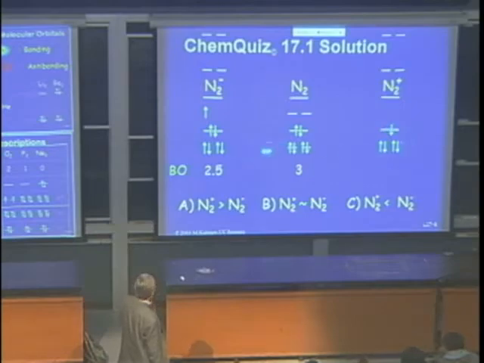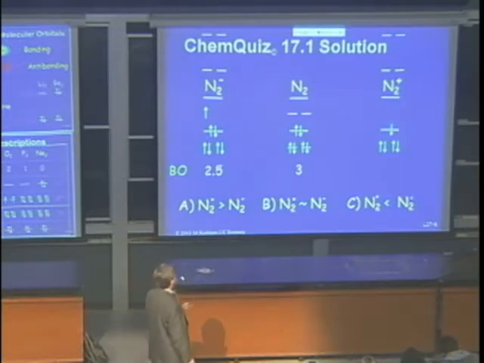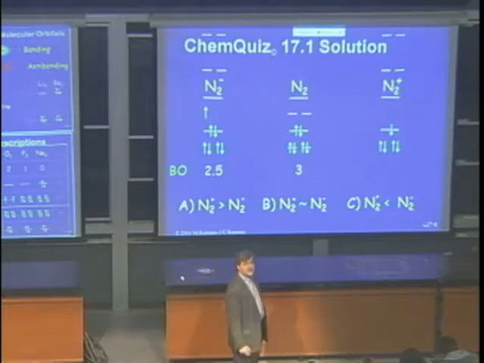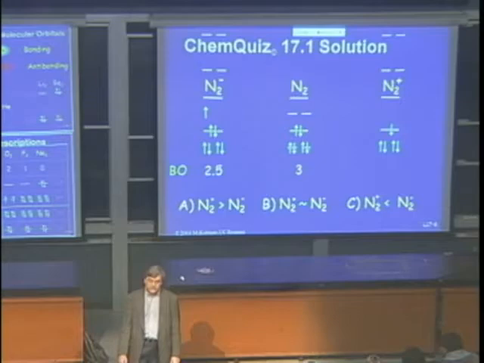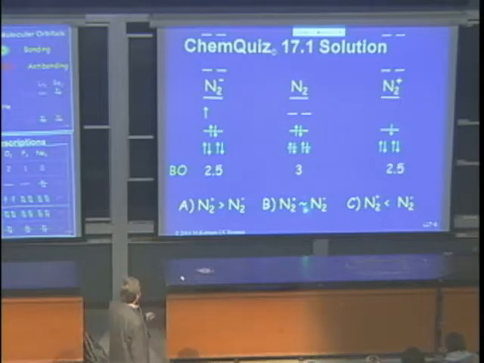In the bonding there seem to be some dashes missing, but that's okay, the virtues of Microsoft. So you have 1, 2, 3, 4, 5 bonding minus how many antibonding? 0, divided by 2. What's the number? 2.5.